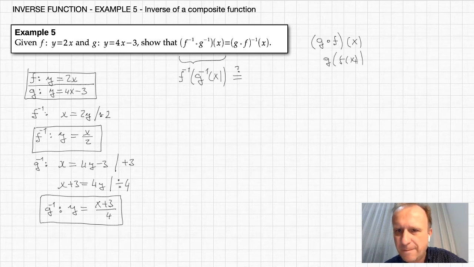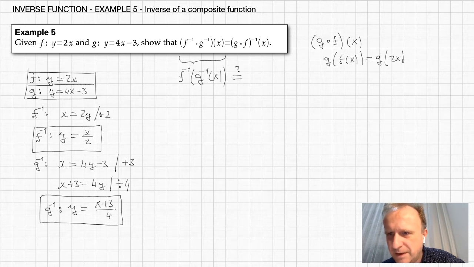Okay, so let me try to find it using these formulae for f and g. So this is actually g of, and instead of f of x, I write 2x. Okay, and now I can replace g of 2x by using the formula for g, but instead of x there, I will write 2x, which appears here.